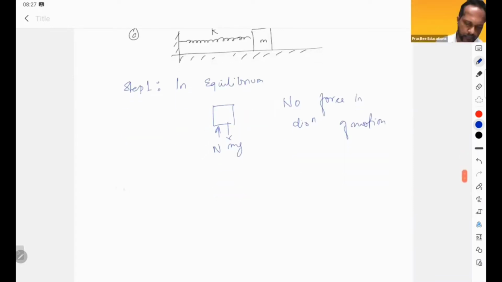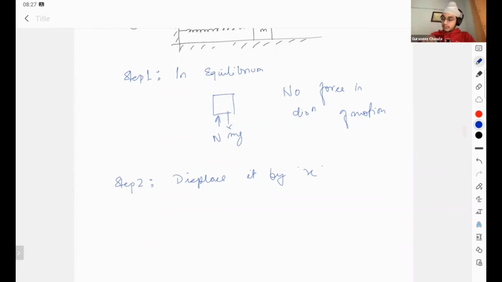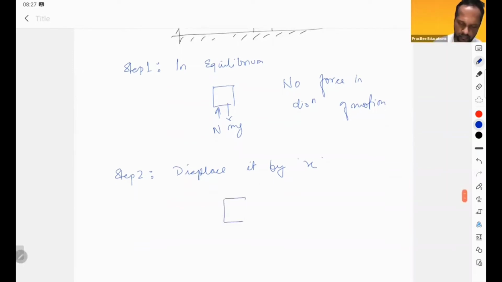Step 2: displace it by x. Now we are assuming that it has been displaced by x distance from the mean position, the equilibrium position. So now I'll draw the free body diagram again.